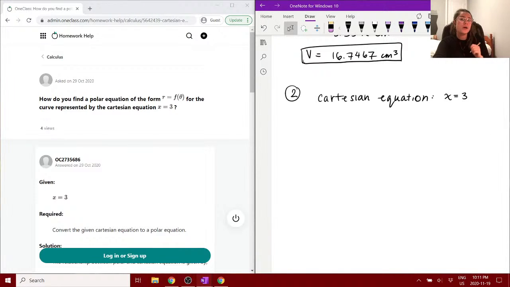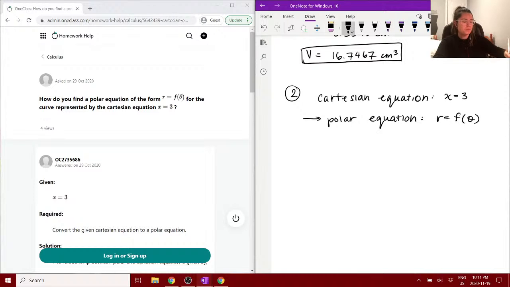And what we want is to convert this from Cartesian to a polar equation of the form r is equal to a function of theta. Sorry, it keeps drawing those lines. That essentially means that our solved solution will have r on the left-hand side, and then we'll have a function including theta usually.